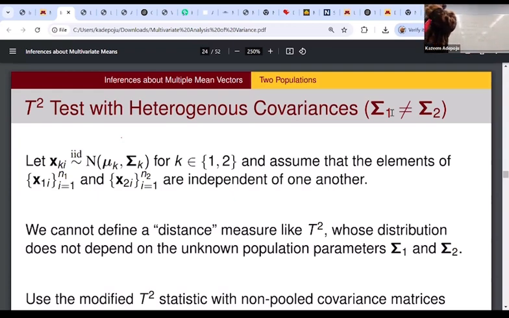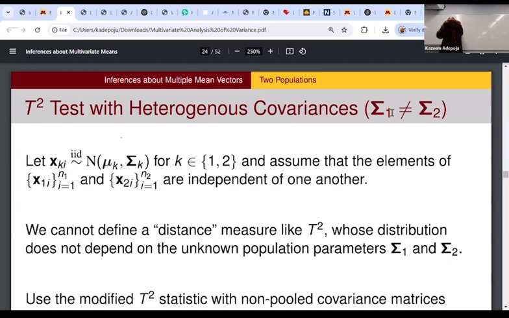Now let me tell you this. If this test fails, we cannot use the idea of a pooled covariance structure, but what other ideas can we use? Number one, there's the generalized t squared test. When this assumption fails, these are the alternative tests that we can actually use. Number one is the generalized t squared test.